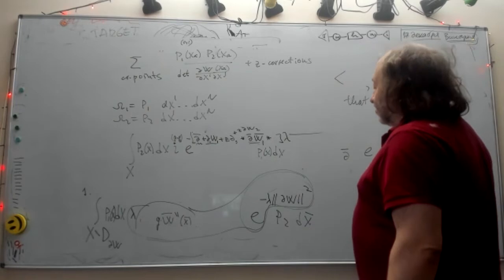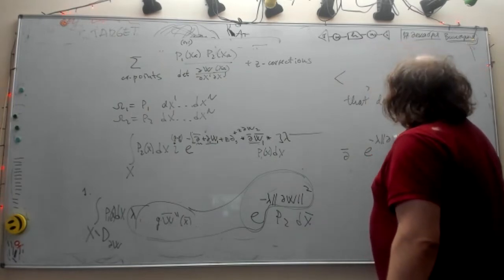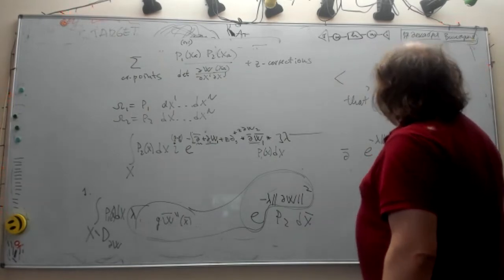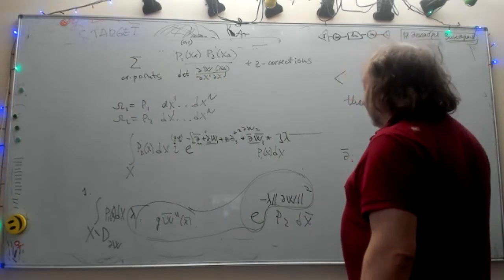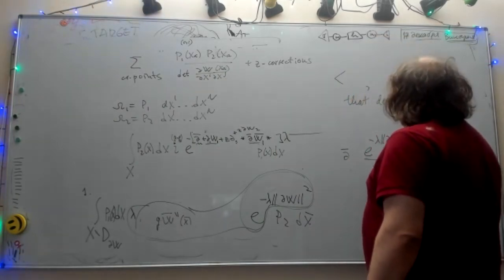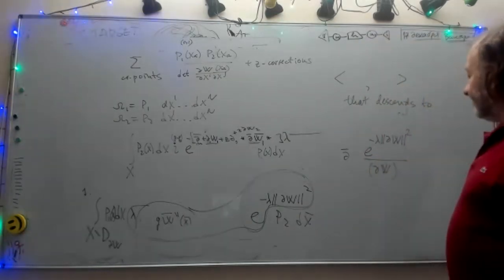Of e to the minus lambda norm square of w divided over dw. So this is in the one-dimensional case.